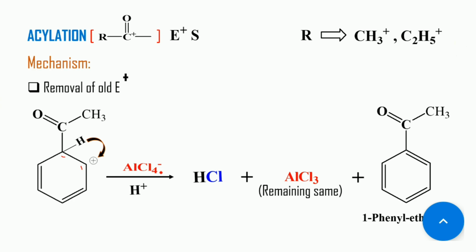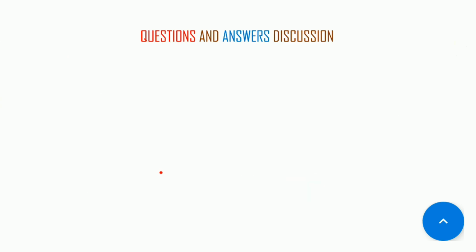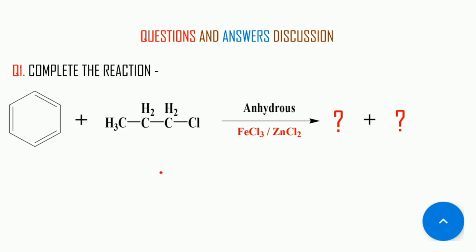Okay, fine, understood. So up to this much is all about Friedel-Crafts alkylation and acylation. Now we have to discuss some more important questions from alkylation, and also from acylation as well. So starting from question number 1, just complete the reaction. So this is your question. Okay, let's see.